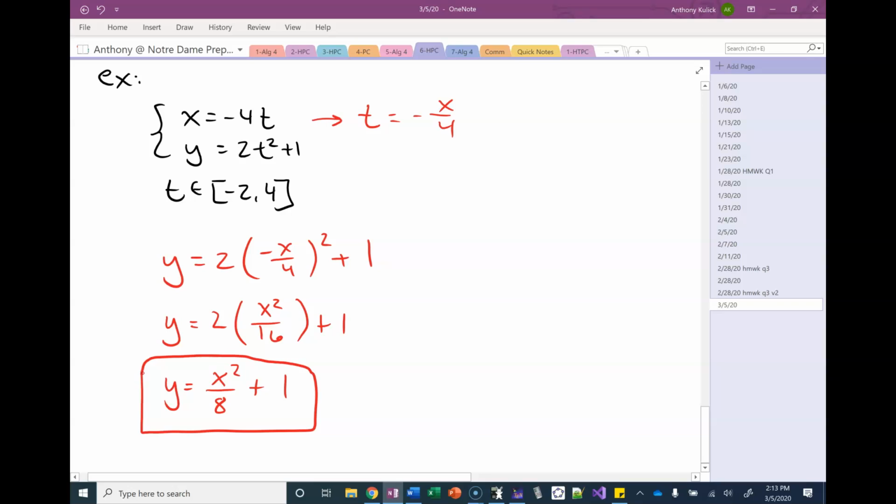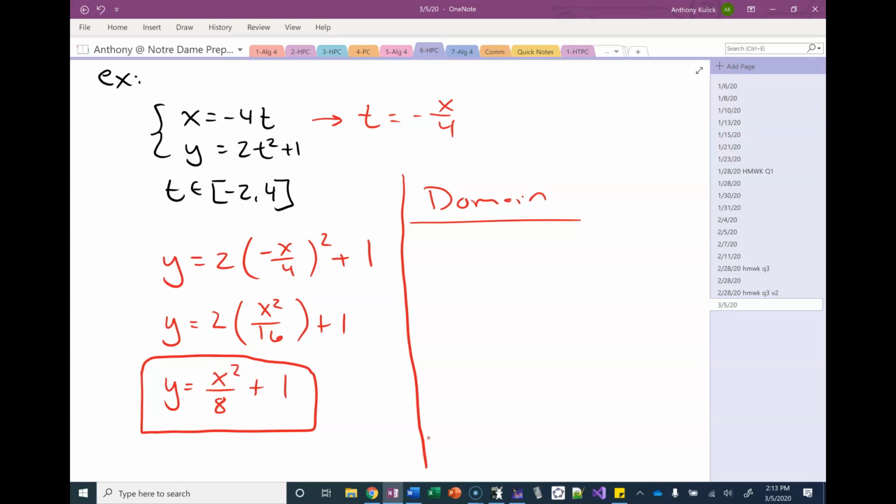Everybody's okay there? Now we have to do the domain and range. Okay? So which parametric equation am I going to use to figure out the domain? I'm going to use the one with the x. Right? Domain is about x's. Okay.